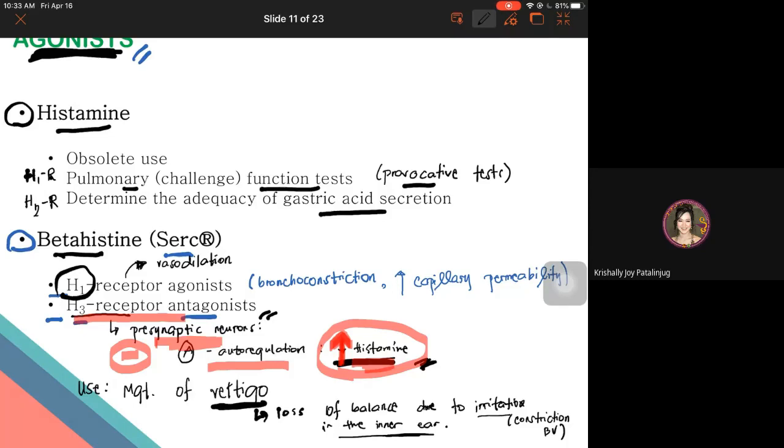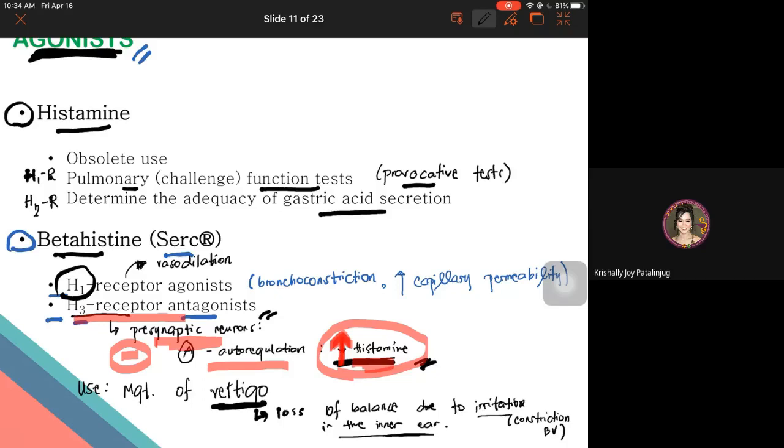Sa vascular smooth muscles, particularly sa blood vessels, ang effect ng histamine 1 receptor activation is vasodilation. Kaya, with this vasodilating effect of histamine 1 agonist, yung drug na to will increase the blood flow in the inner part of the ear, thus restoring the normal balance ng posture ng tao.